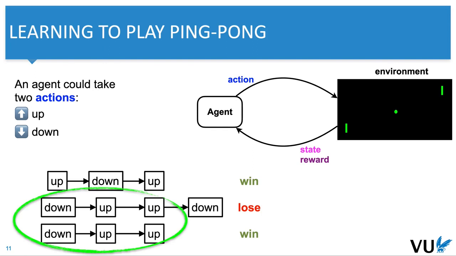And here is the interesting part, and we see already the complexity of the problem: a very similar set of actions can lead to completely different outcomes. So you see that down, up, up in one case produced a win, but in the other case produced nothing, and then the agent had to move down, and then he lost.